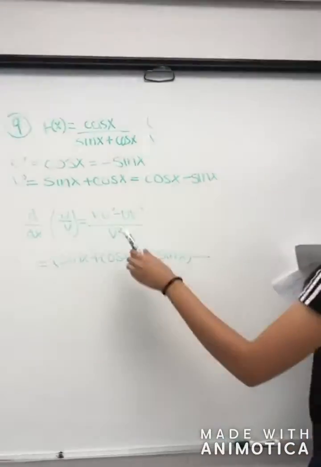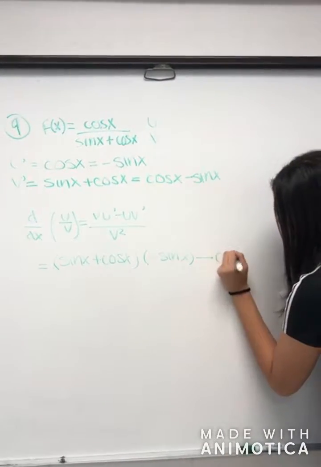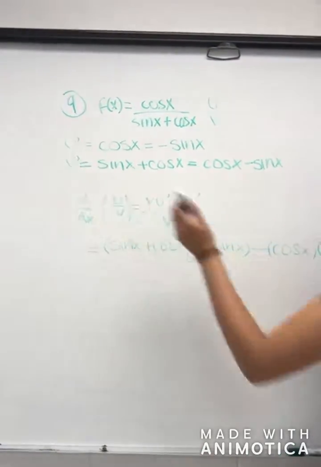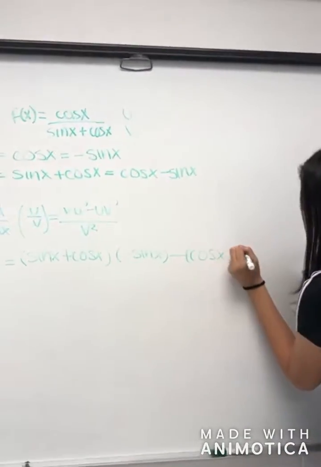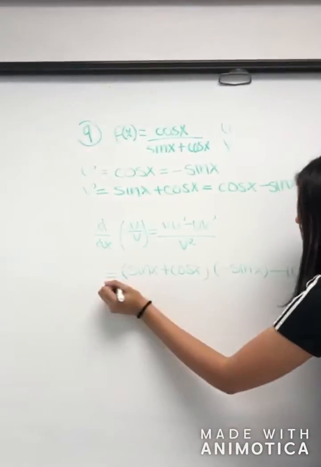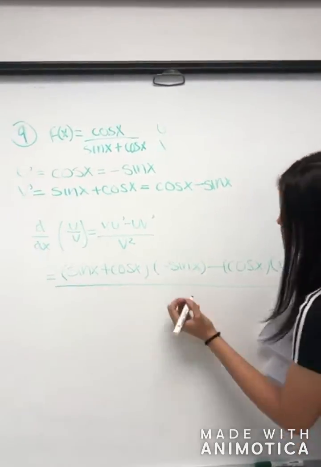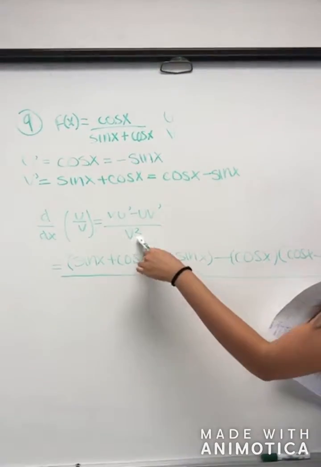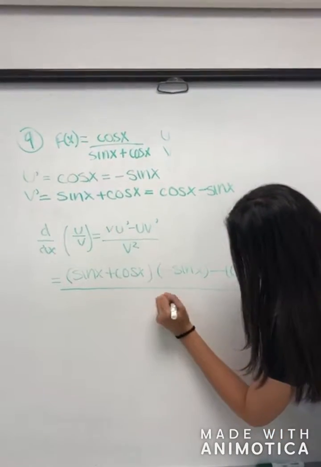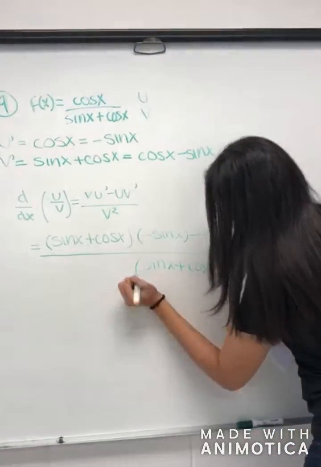Minus, and then we have to put the u, that is cos x, and multiply by the derivation of v, that is cos x minus sine x. Then all we have to divide by the v elevated to the power of 2, that is sine x plus cos x, elevated to 2.